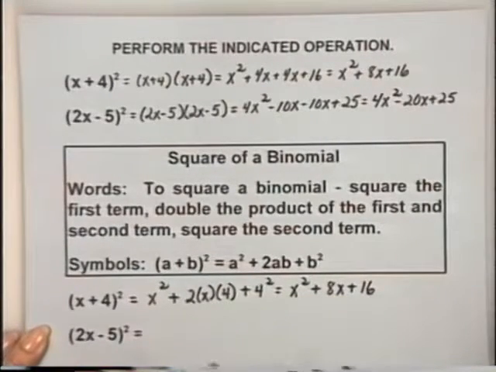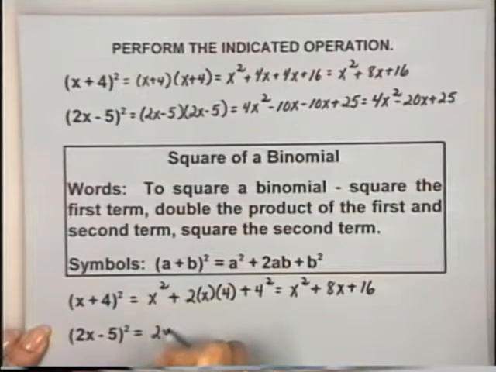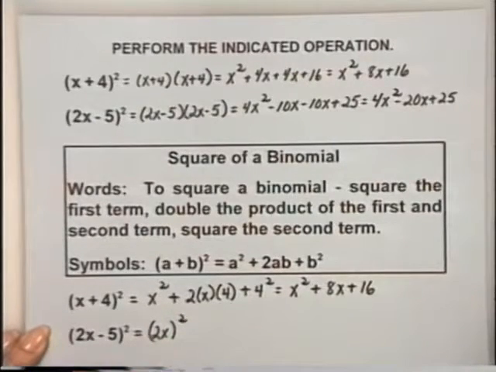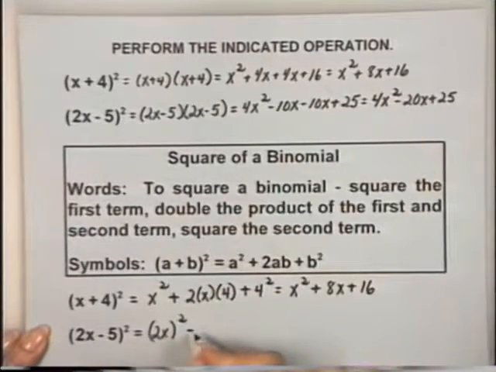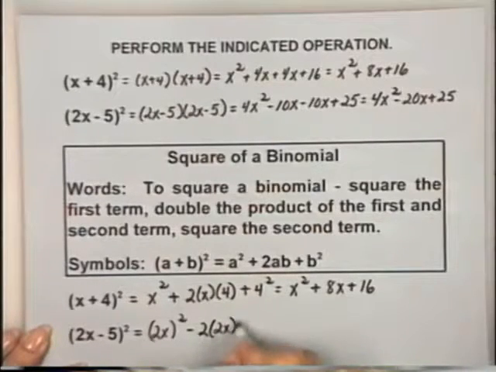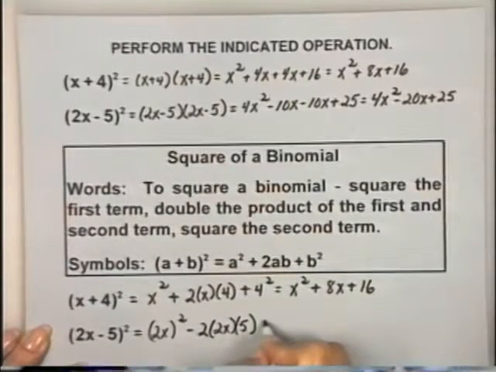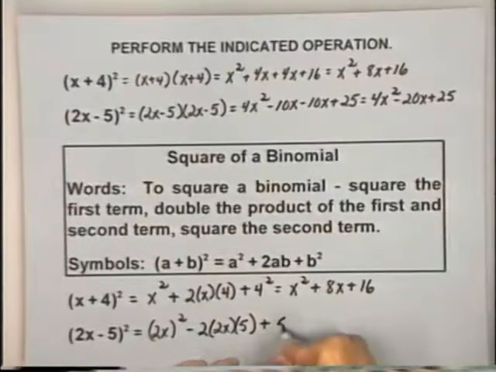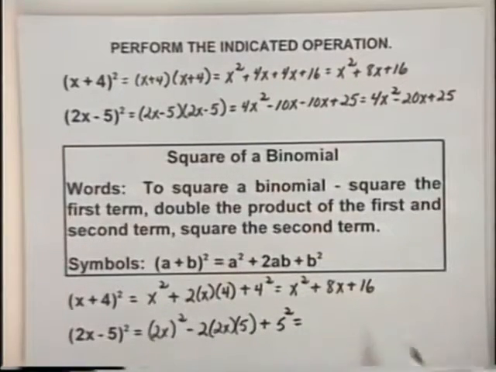When we square 2x minus 5, we will square the first term. We will get the sign of the middle term by saying a positive times a negative will give me a negative. I know I need to double, so I will multiply by 2. I will multiply 2 times the first term, which is 2x, times the 5. And last, I will square the 5.